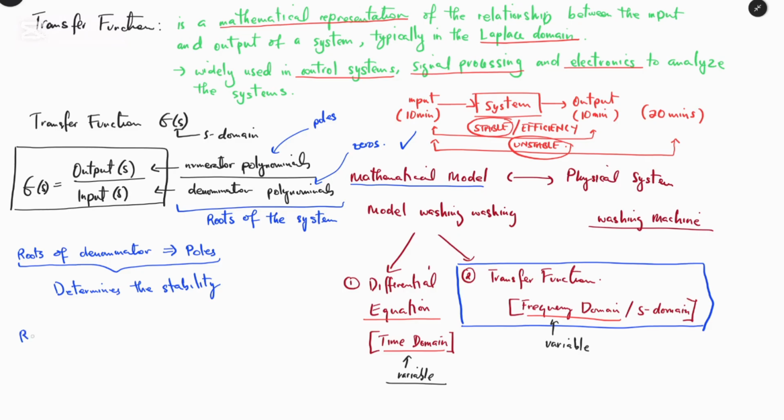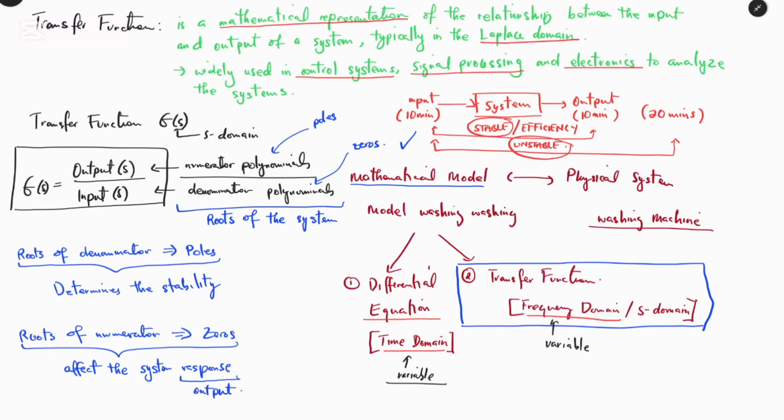And on the other end, the roots of the numerator, which are called the zeros, affect the system response. When we talk about the response, we are talking about nothing but the output of a system. So the zeros affect the output of the system, while the poles, which are the roots of the denominator, determine whether the system is stable or unstable.